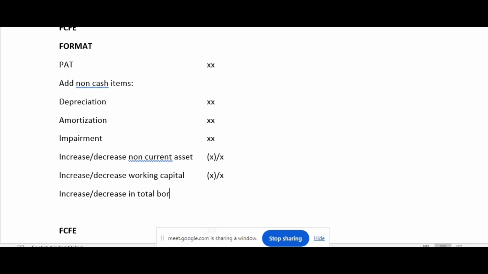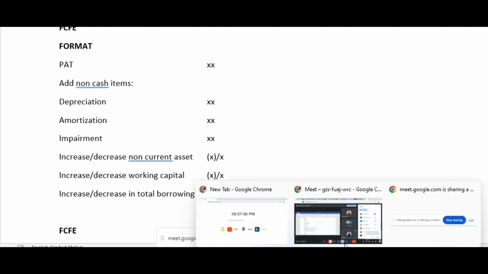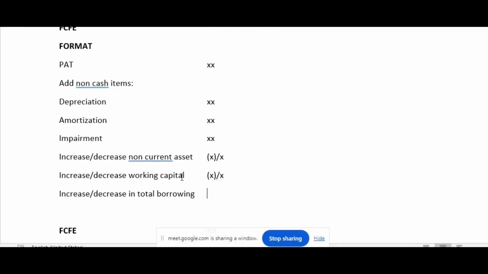When I say total borrowing, it includes current liability and non-current liability, class. Now let me ask you this question, class. When there is an increase in borrowing, what will happen to the cash flow? And when there is a decrease in borrowing, what will happen to the cash flow?